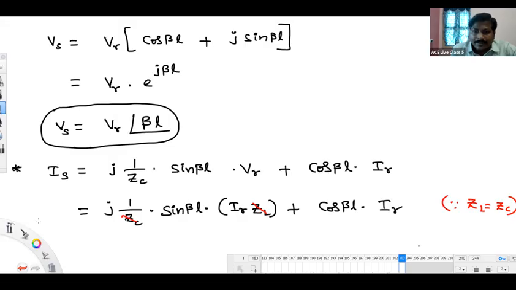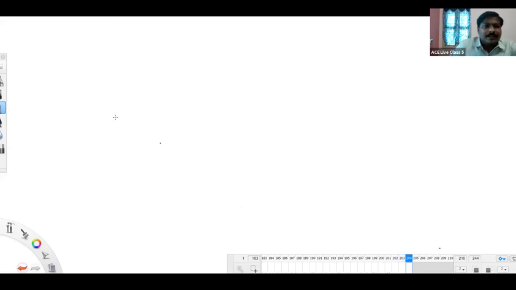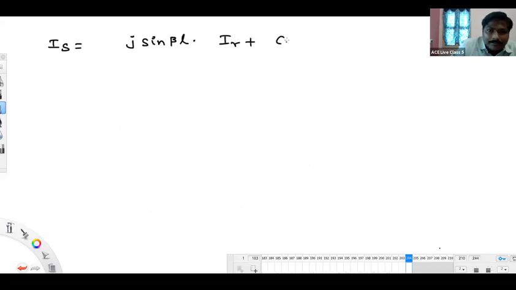Steady state, right? So the sending end current you can get as j sin beta L into IR plus cos beta L into IR. You can take the current common, so you have cos beta L plus j sin beta L.